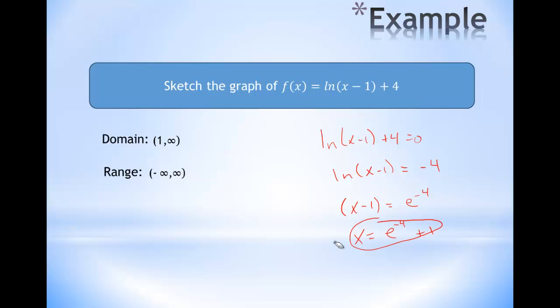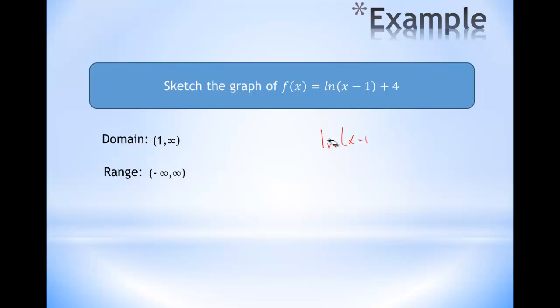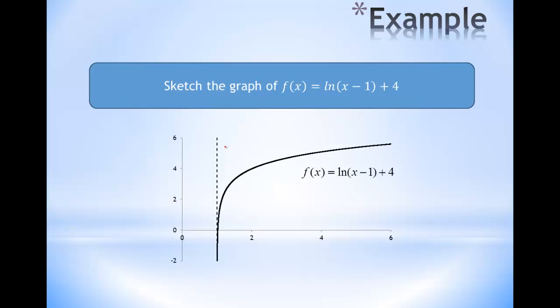I can put all those pieces together. Hopefully that makes sense to you, and we can make a graph here. We've said we moved our vertical asymptote over to x equals 1. Here's my vertical asymptote, and here's my new x-intercept.